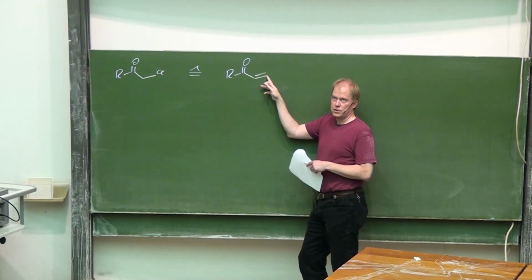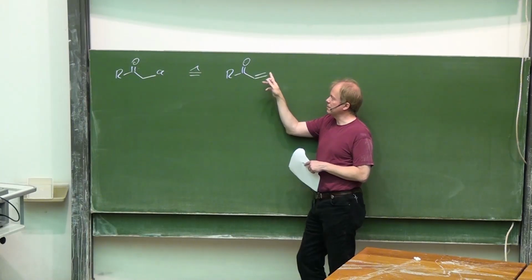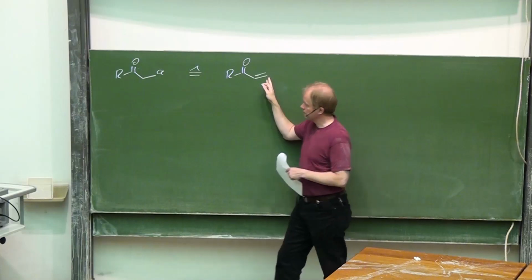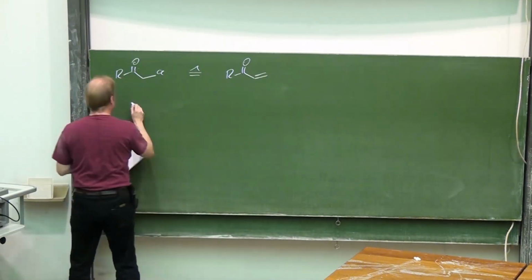A soft nucleophile will attack at the beta position in a conjugate addition process. Simple reaction working very well, as you know from organic chemistry too.